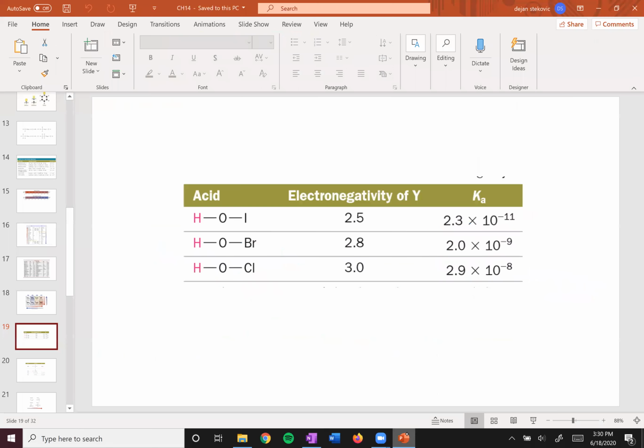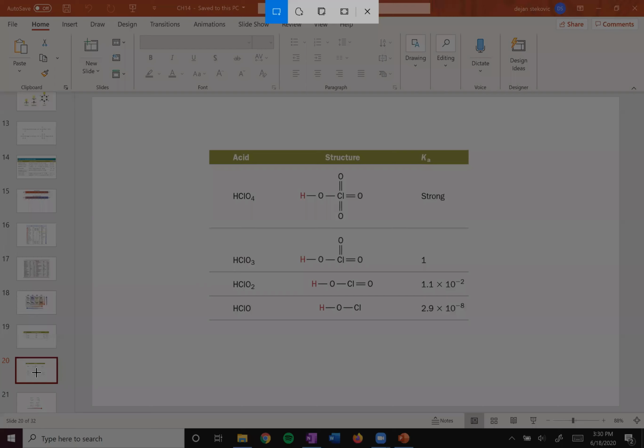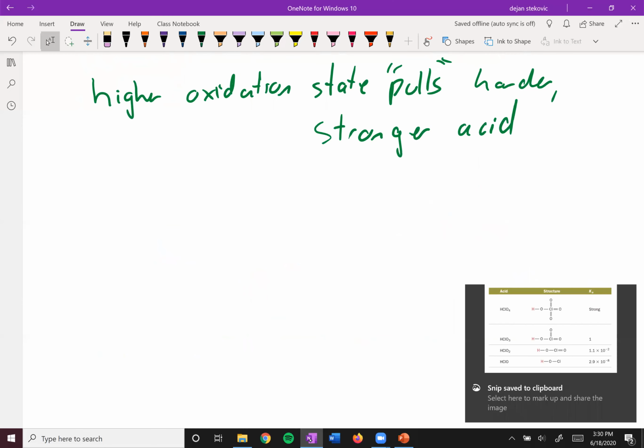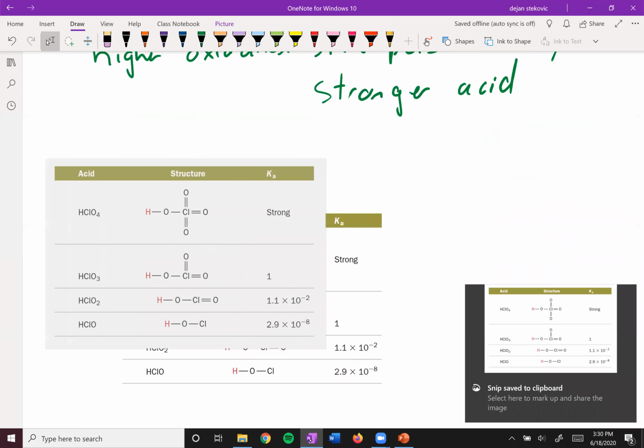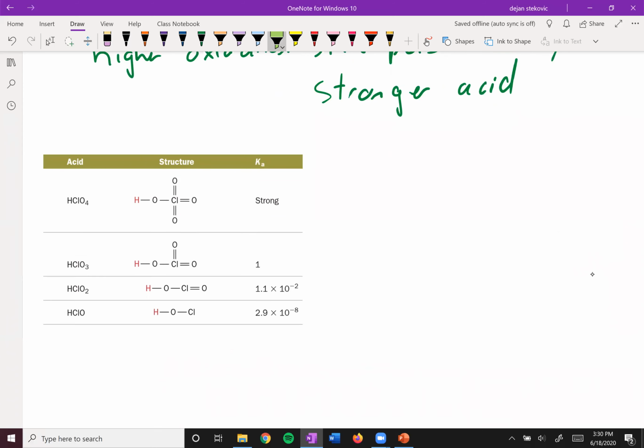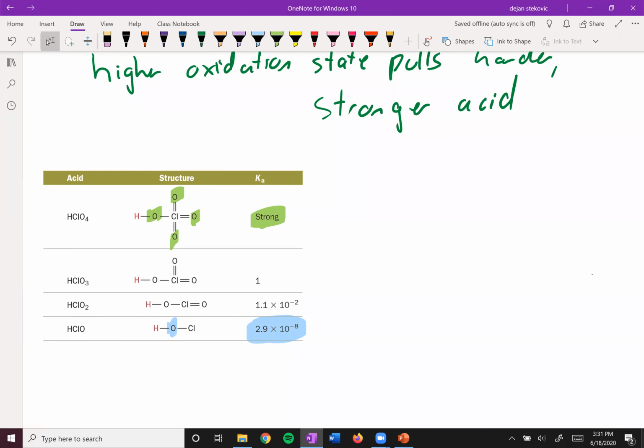So there's some pictures to show that. Here's the chlorate series from perchlorate to hypochlorite, and in their acid form, right? So we can see when we add more oxygens, we get a stronger and stronger acid. Whereas when we have less oxygens, we get a weaker acid, right? Because of the oxidation state of the central atom, causing this OH bond to either be weaker or stronger.